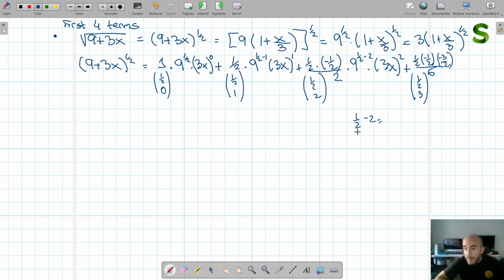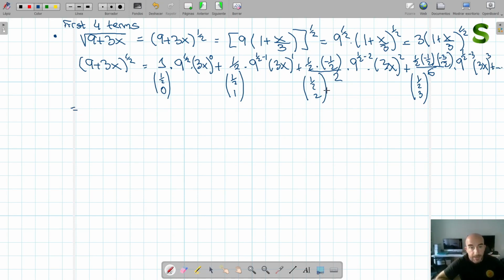I'm going to stop there because, as I said, when it's over 3, it's 3 terms multiplying. You could do it the other way, doing n minus k plus 1, and you see that you have to stop. Times 9 to the power of 1/2 minus 3, times 3x to the power of 3, plus.